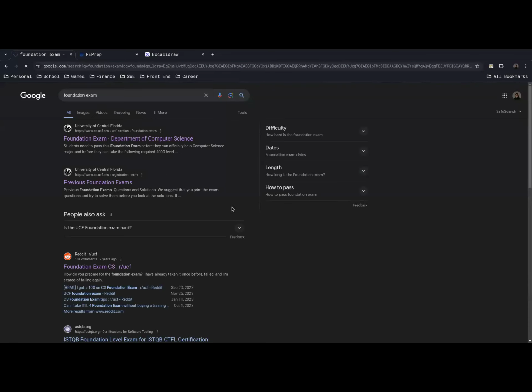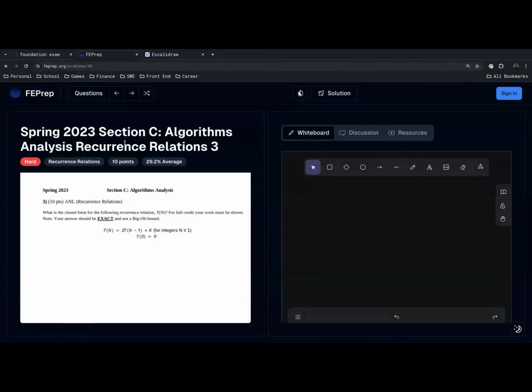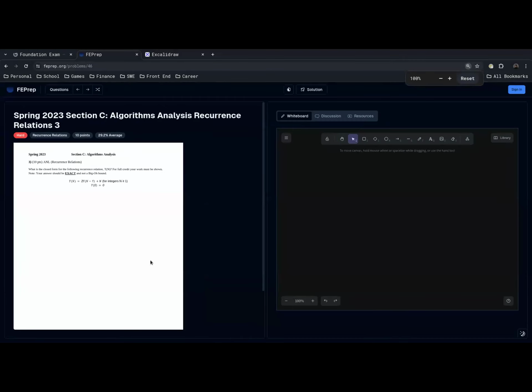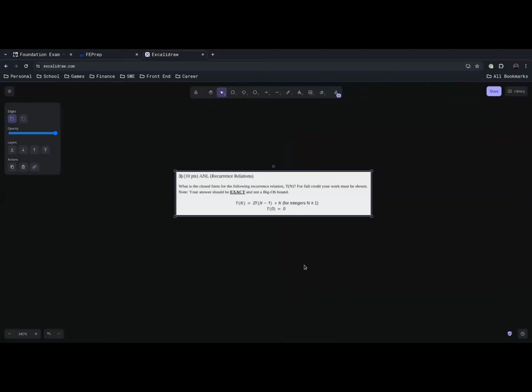Spring 2023 section C. Trying to get a better quality version of what's going on. Just to confirm, my screen is showing, right? I'm not crazy. It shows. Awesome. Okay.